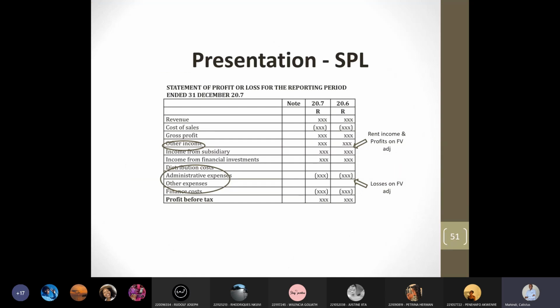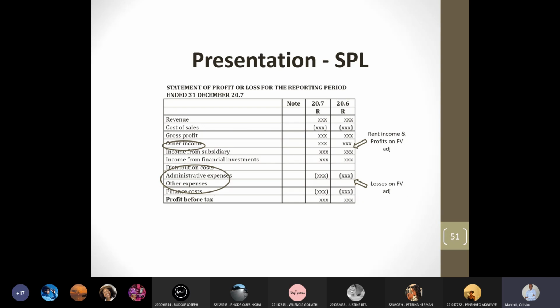So I was talking about profits on fair value adjustments, which are also included in other income. Under administrative expense, we'll just combine all the expenses together. So other expenses, distribution and administrative expenses, those will be shown together as one line item, and we will show any losses on fair value adjustments.